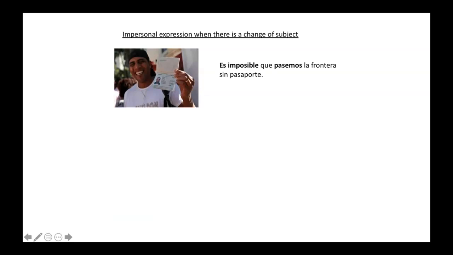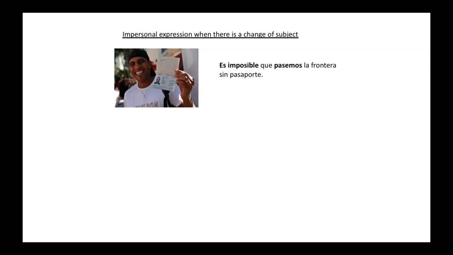Okay, impersonal expression where there is a change of subject. Vamos a ver. Es imposible que pasemos la frontera sin pasaporte. Voy a traducirlo aquí: it's impossible that we pass the border without a passport.